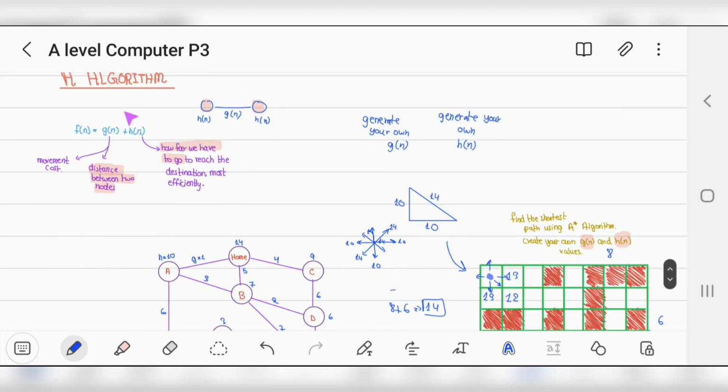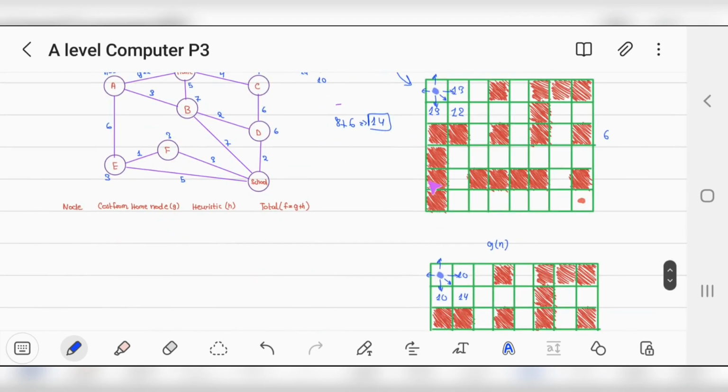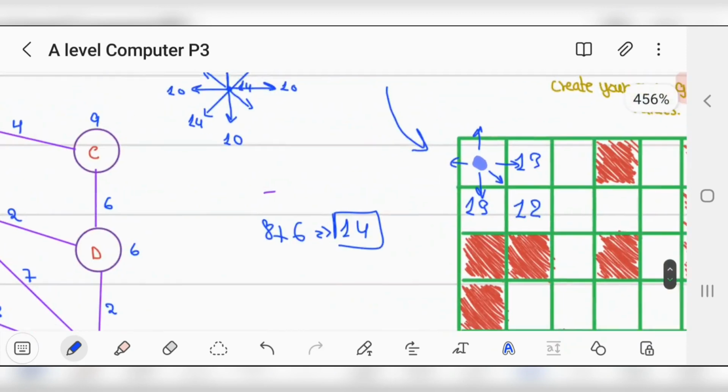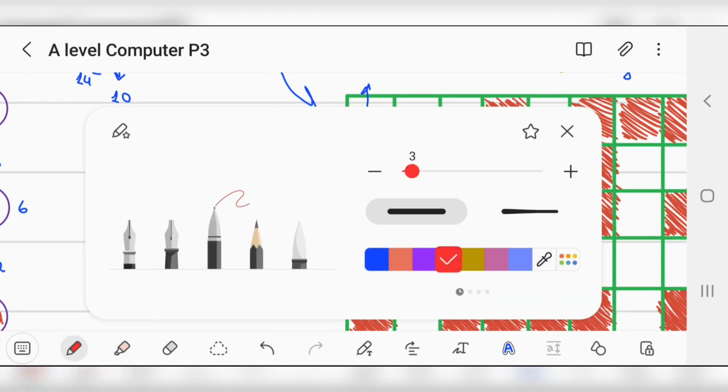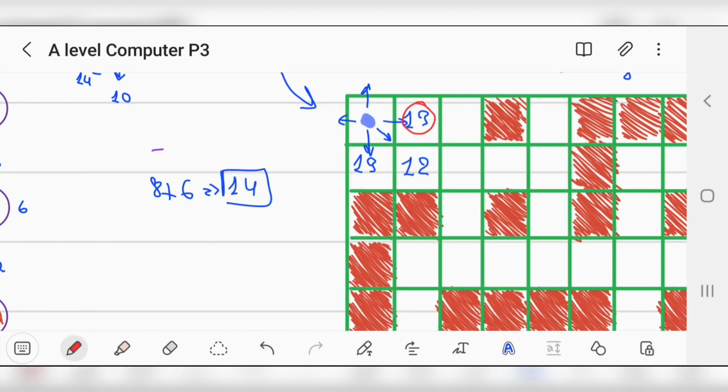Okay, so I'm going to now calculate the sum. Fn is equal to Gn plus Hn. 13 plus 10 is 23, 13 plus 10 is 23, 12 plus 14 is 26. So I'm just going to go either down or right, depending. You can choose your own. Supposing I'm choosing this one, so I've chosen this.